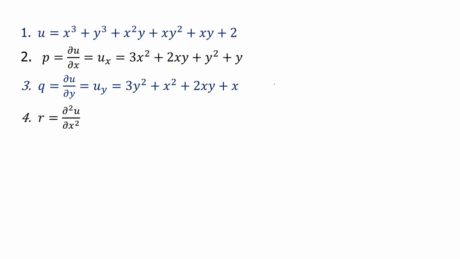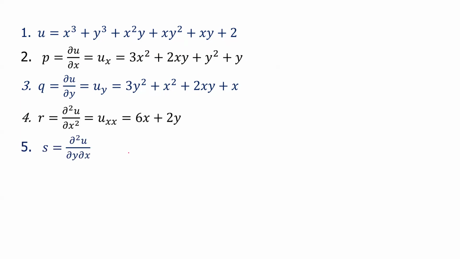If we take the second order partial derivative, we differentiate this again with respect to x. Now this is nothing but 6x, and this is plus 2y. The 2 will be 0 because these are functions of y only. So we have 6x plus 2y.